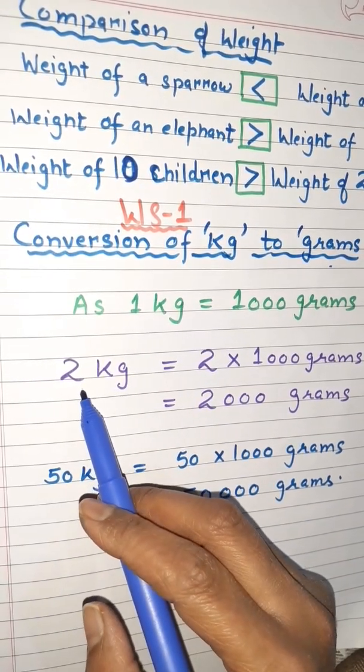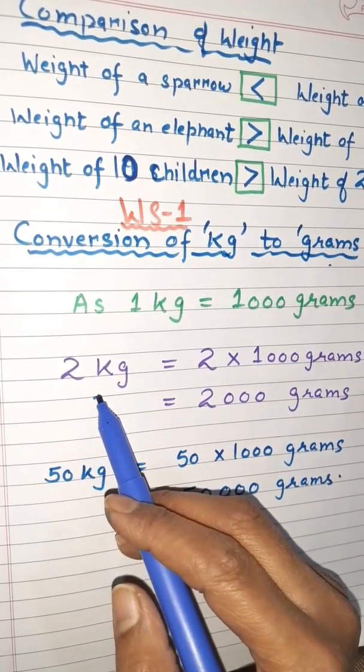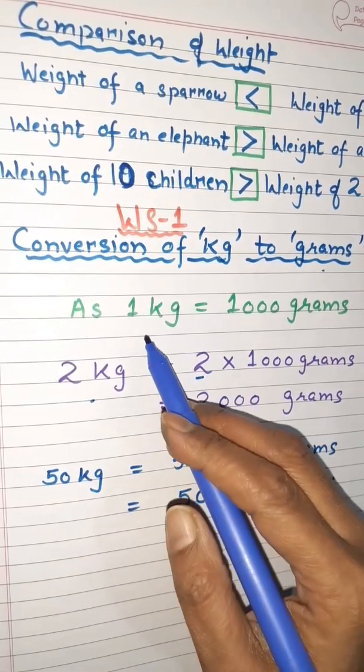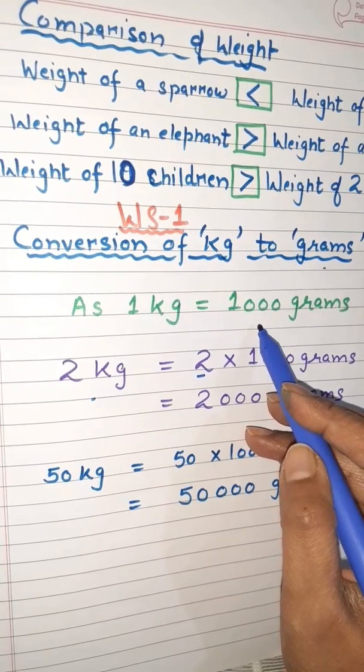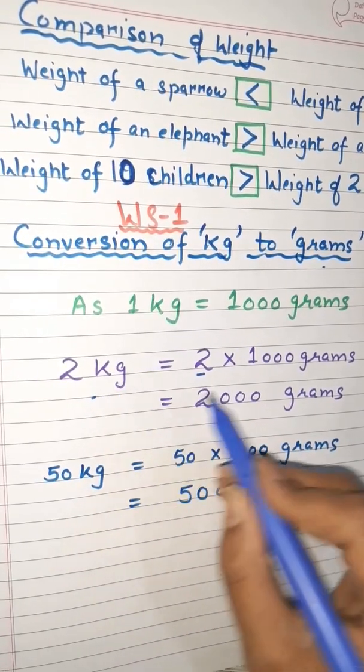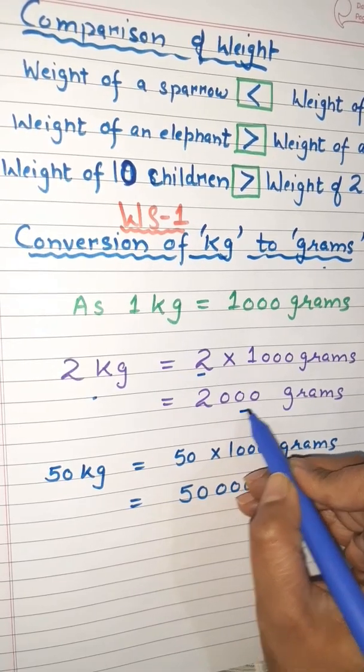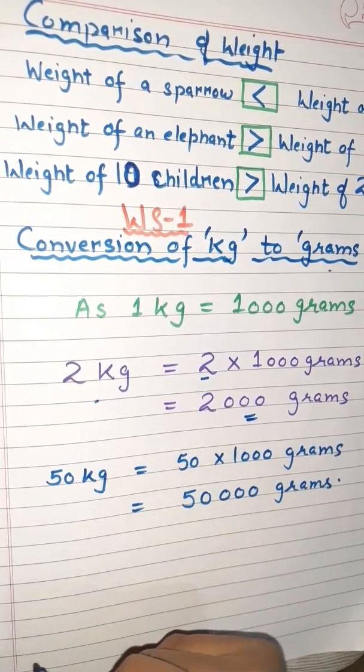If we want to convert 2 kilograms into grams, we will multiply 2 with 1000, as in 1 kilogram we have 1000 grams. So 2 kilograms will have 2 multiplied by 1000 grams, that is 2000 grams. So this is your answer here.